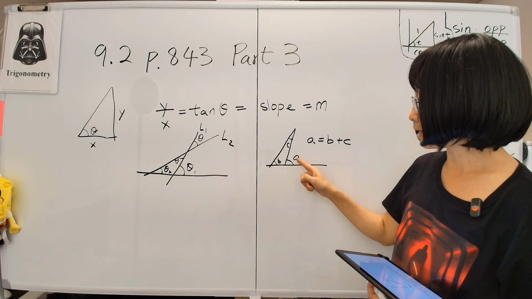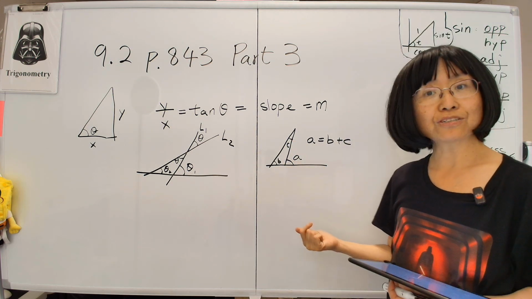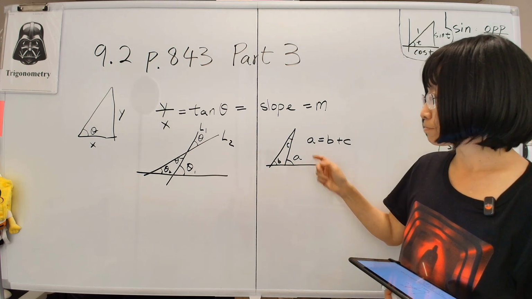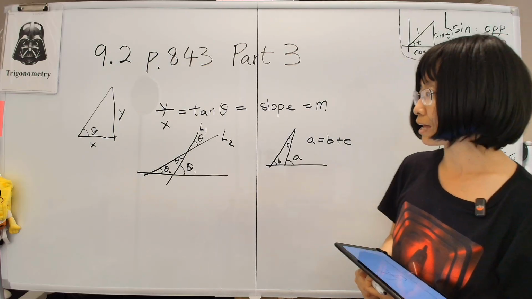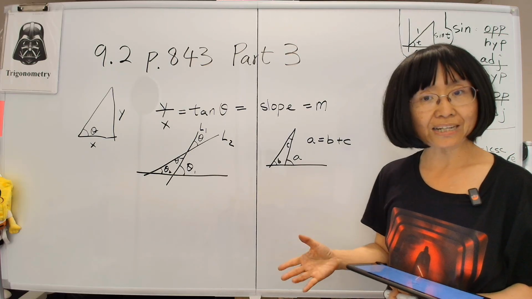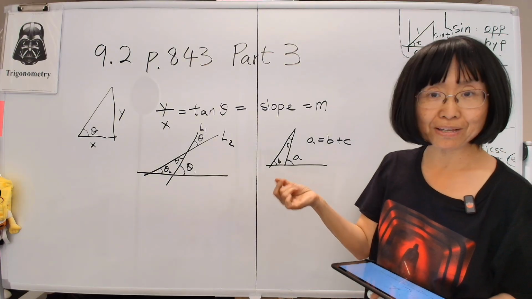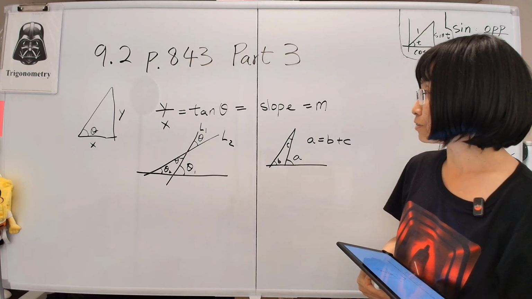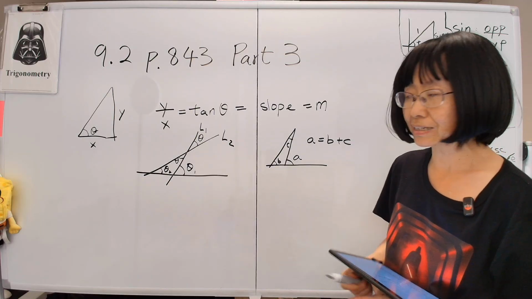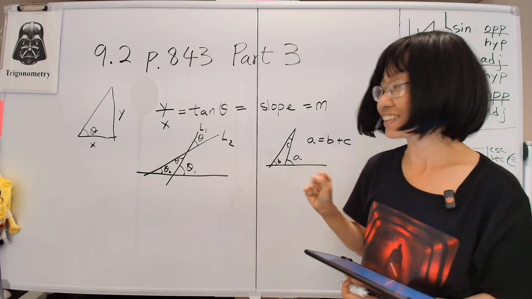That's why A ends up being equal to C plus B. If you haven't taken geometry, just memorize this fact for now, and please take geometry when you have time. I haven't taught geometry yet, but I'm planning on doing it. Geometry is one of my favorite math subjects in school. It's a lot more exciting than a lot of algebra, because geometry doesn't have much grunt work. It's all fun stuff.